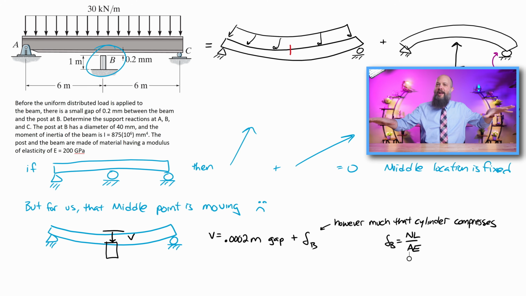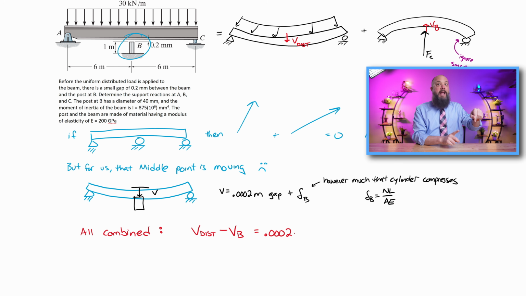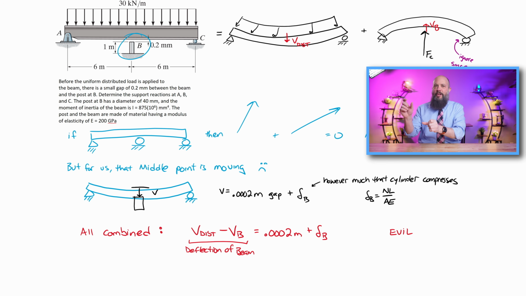So now we can set this whole thing up and compare the beam to the vertical cylinder. We can say that the vertical deflection of the beam, which is deflection from the distributed load minus deflection from the point force, has to be equal to the deflection of the cylinder. So the gap plus the NL over AE. And this is the compatibility equation.